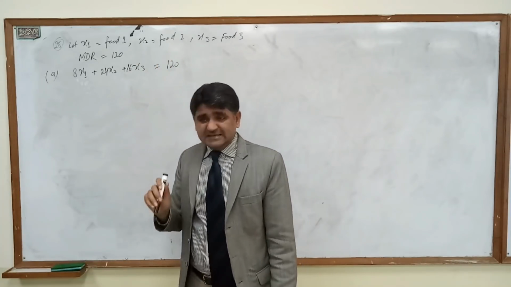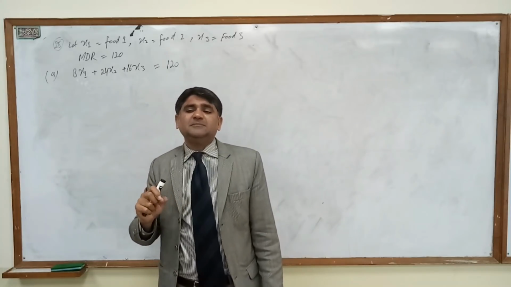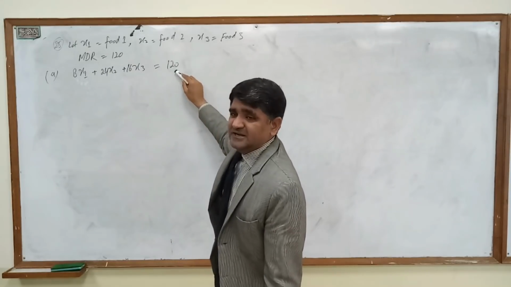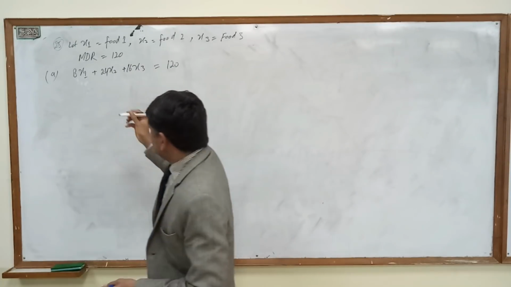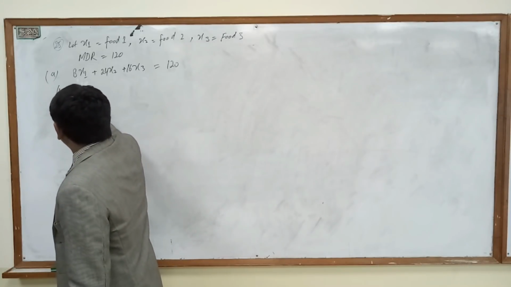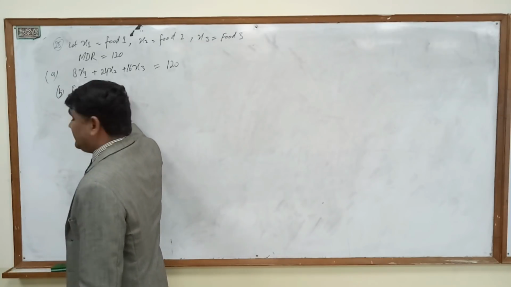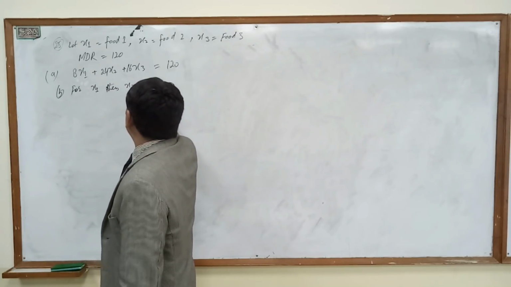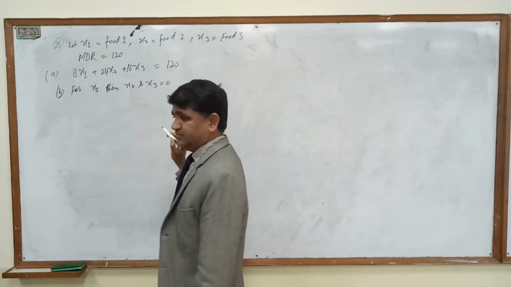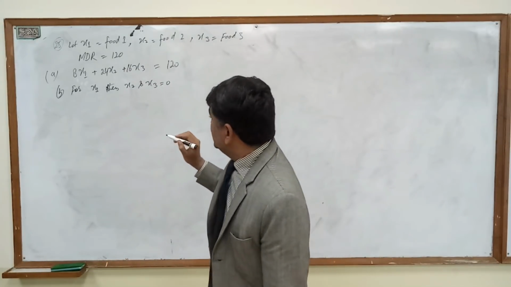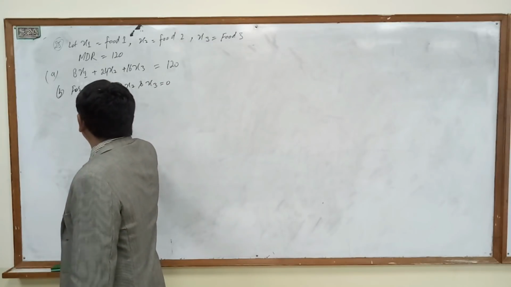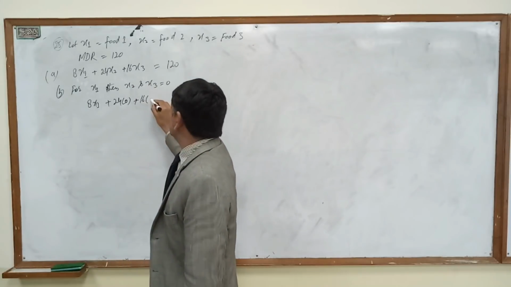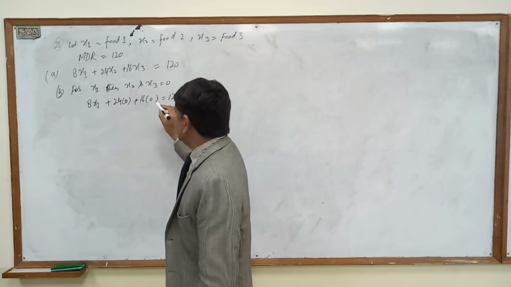The question is, in each case, how many units can be used to meet 120, the minimum daily requirement. So part B, for x1 or food 1, x2 and x3 are equal to 0. So 8x1 plus 24 into 0 plus 16 into 0 is equal to 120.